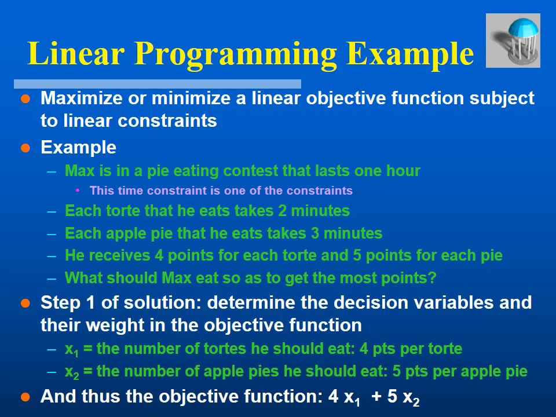And you have two kinds of pies that you can eat, a torte that takes 2 minutes and an apple pie that takes 3 minutes. And you get 4 points in this contest for a torte and 5 for each apple pie. So the question is, what should this contestant eat so as to get the most points?